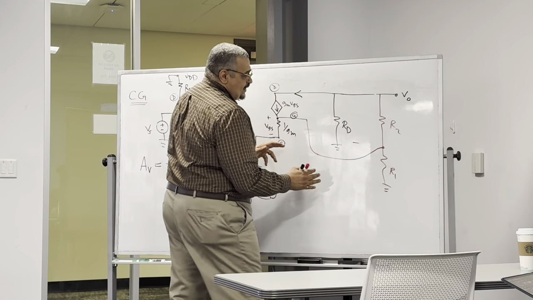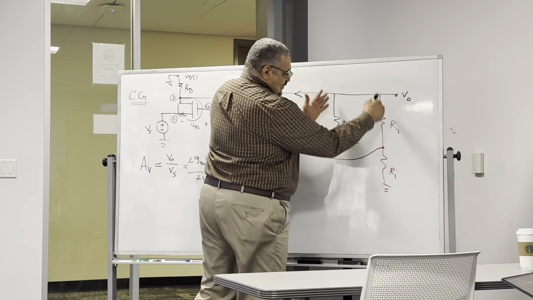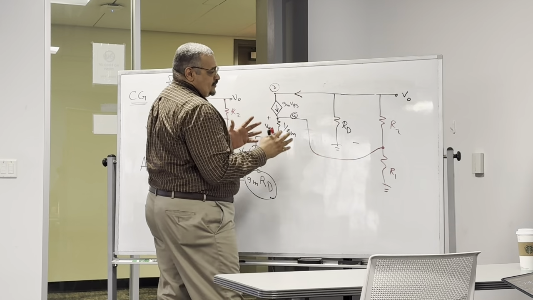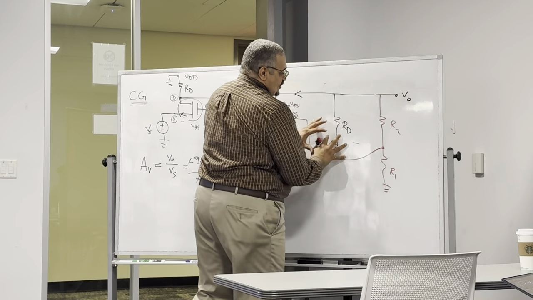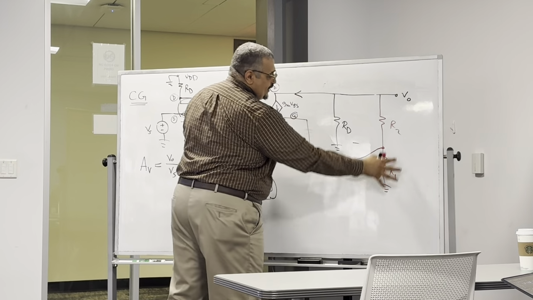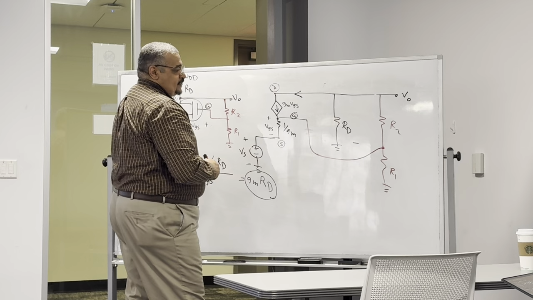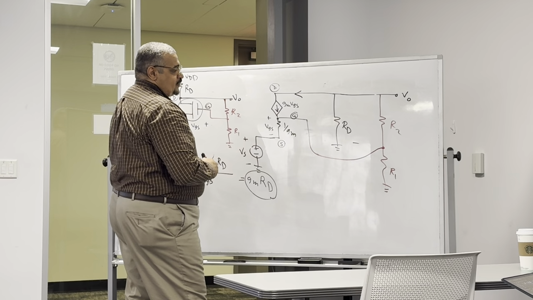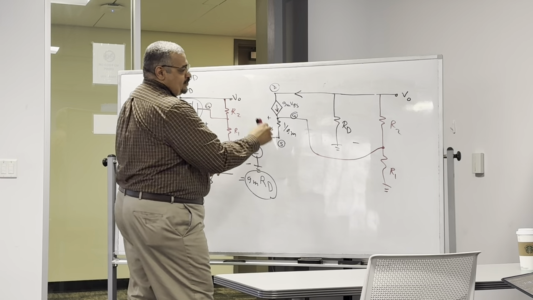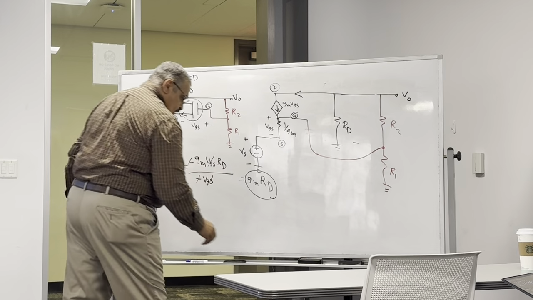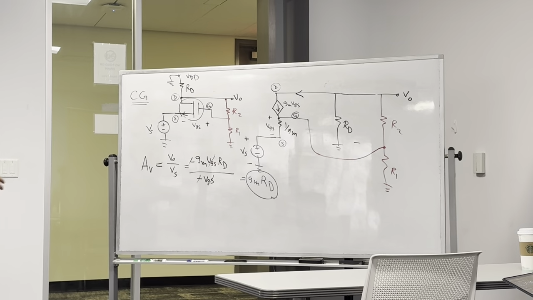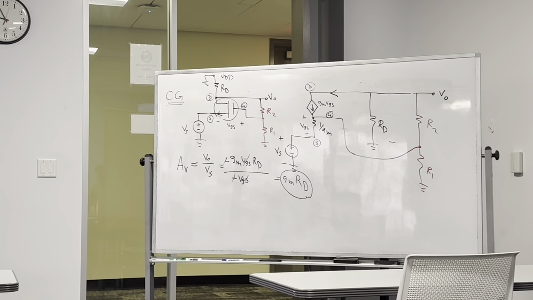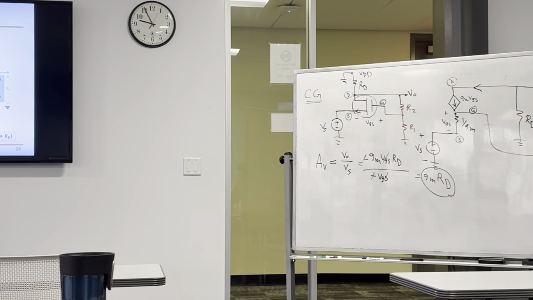So let's assume R1 and R2 are much larger than RD, so there's no loading effect from beta on the amplifier. How can we find the gain? I'm going to find the gain only.